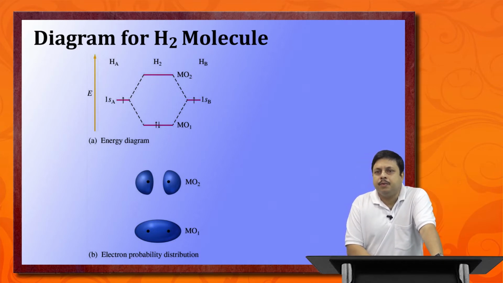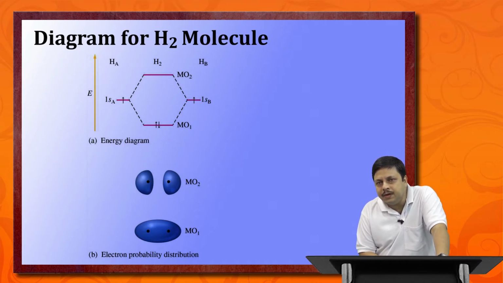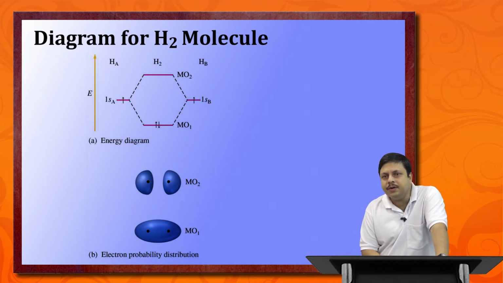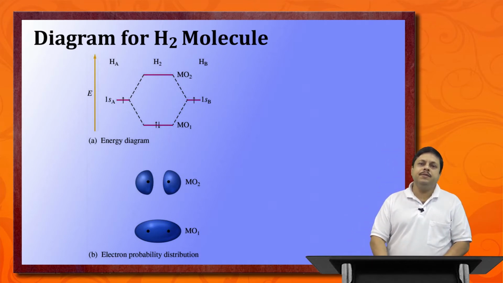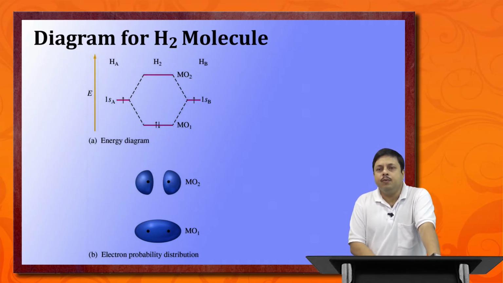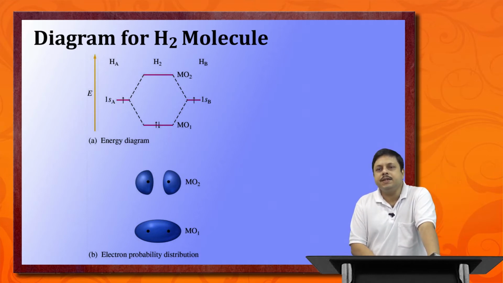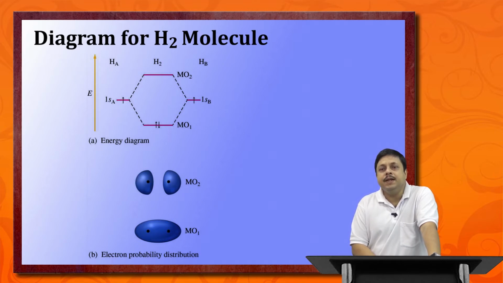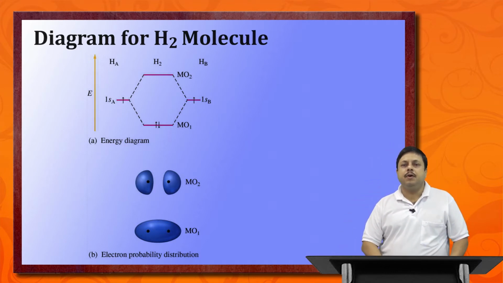Now, these are the electron probability distributions. In the case of the bonding orbital, in between the two nuclei of these two hydrogen atoms, these two black dots, you can have an electron density. This means that there is a bonding region that has formed in between. This particular orbital, MO1, which we call the bonding molecular orbital, has a structure where in between the two nuclei there is a definite amount of electron density, which is a representation of the bonding nature of these orbitals.